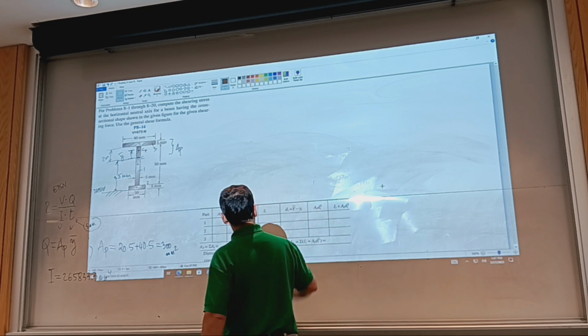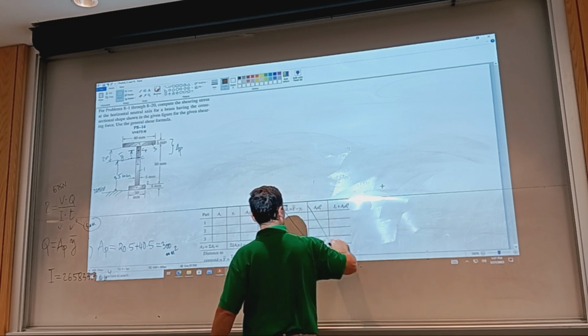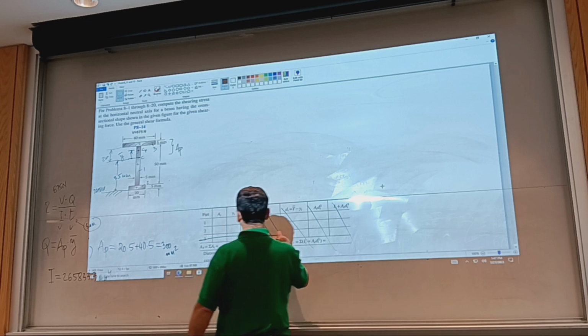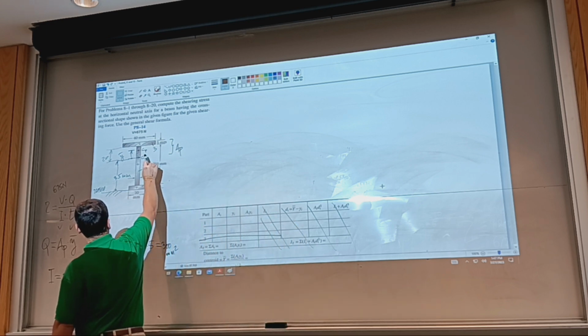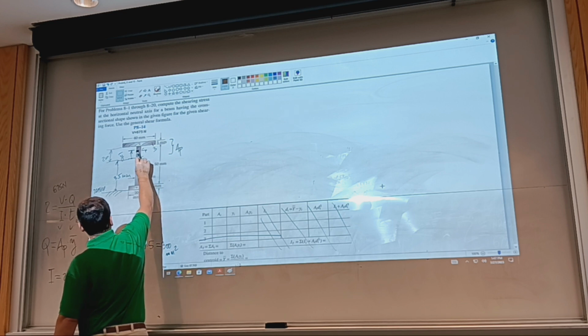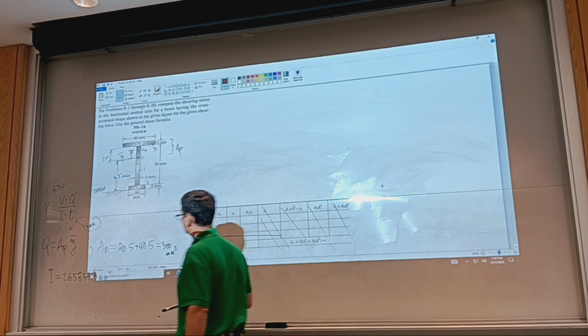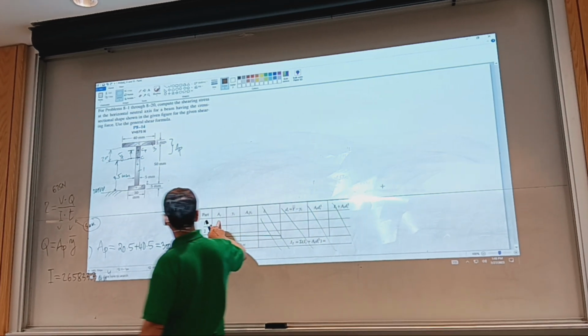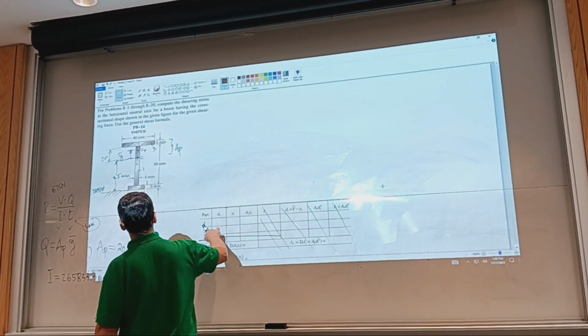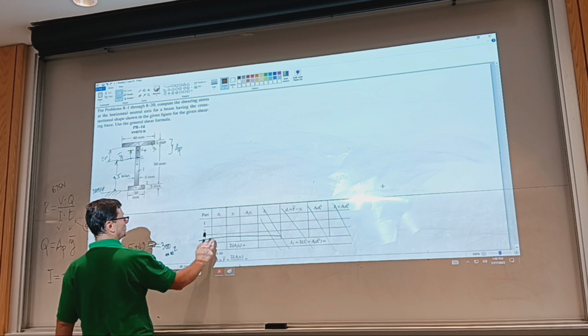I don't care about this part of the table, and I don't have a third body, but I want, in order to calculate where the centroid is of the partial area, that y overscore there. So part 1, I erased it, but no big deal. It was part 3, I erased it.